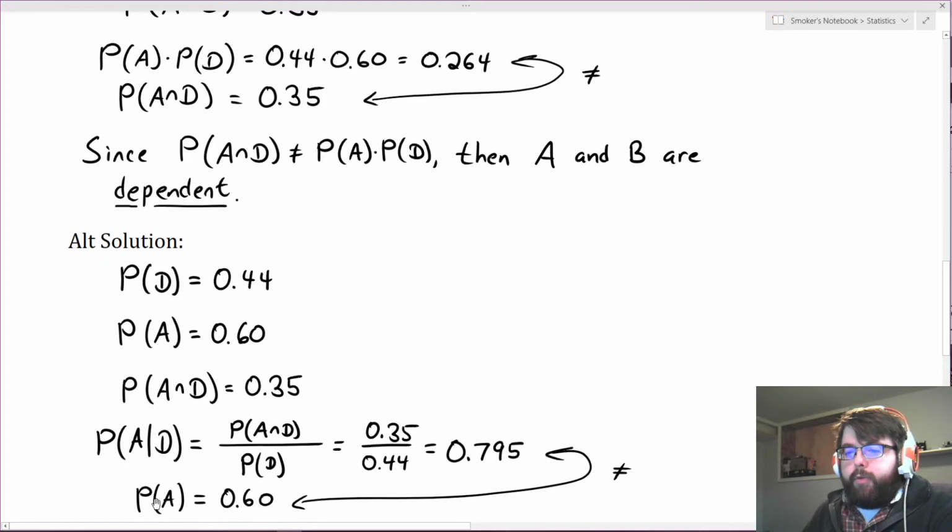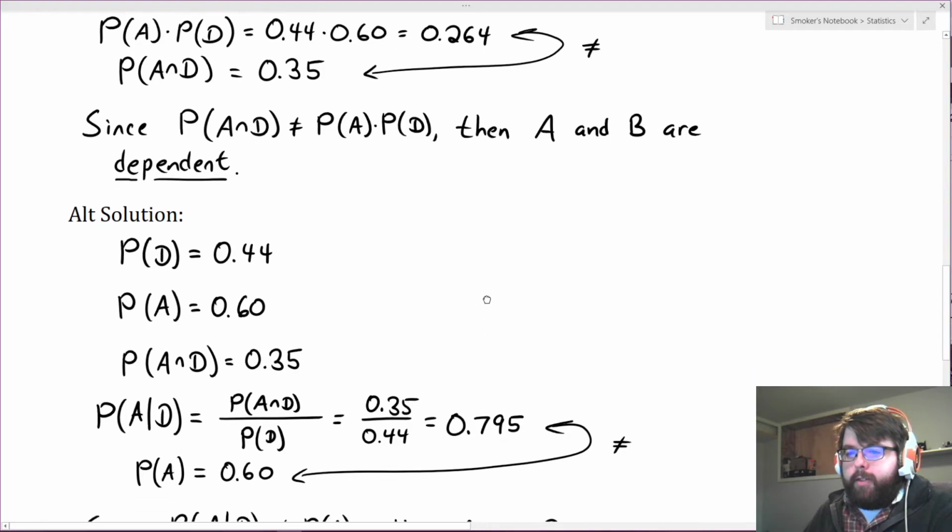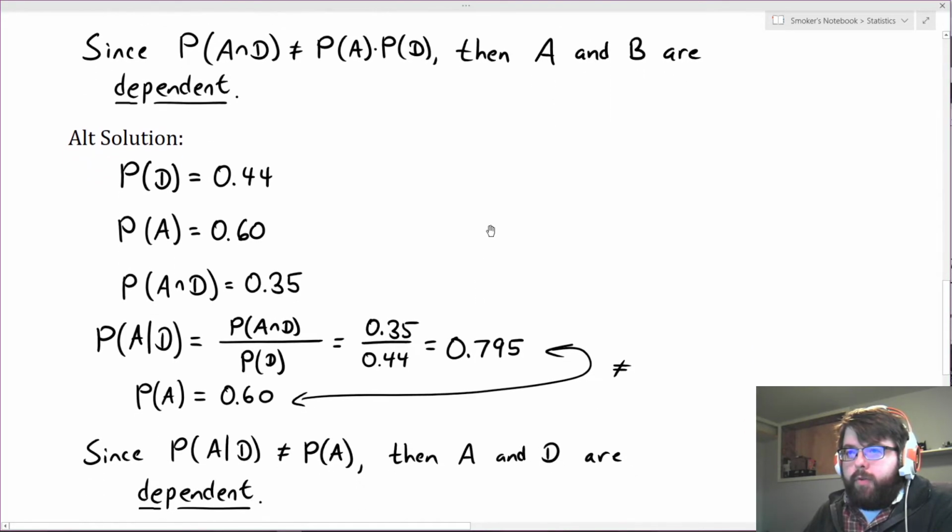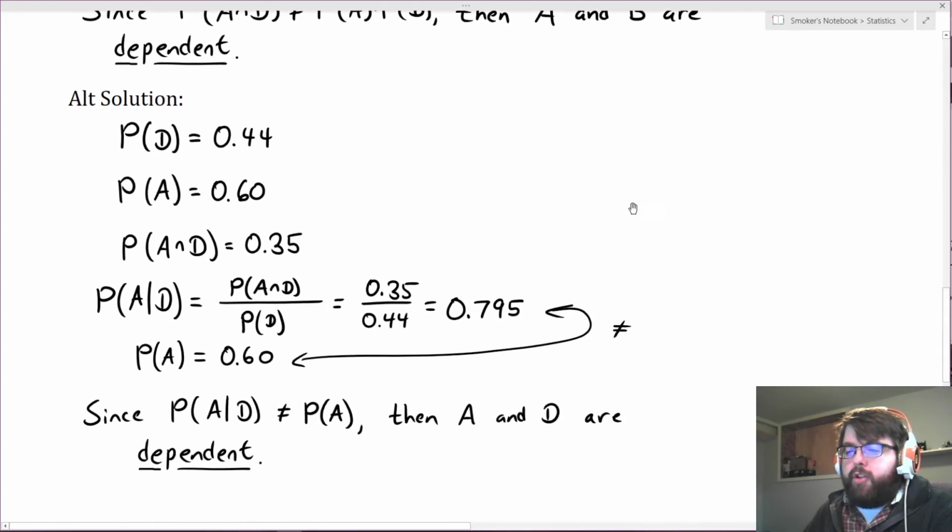And is that equal to the probability of A by itself? No, it is not. Okay, so either way, it didn't specify which method you need to use to check for independence, so either way would work.